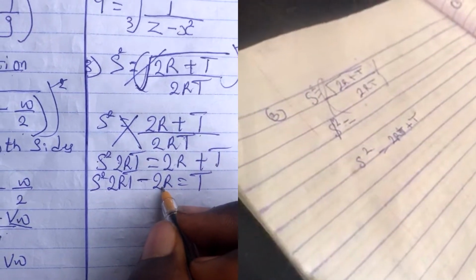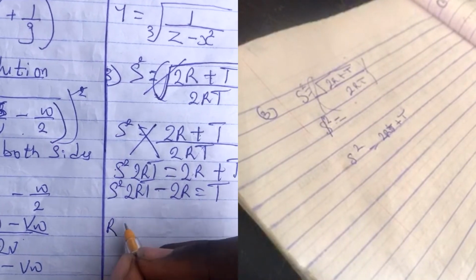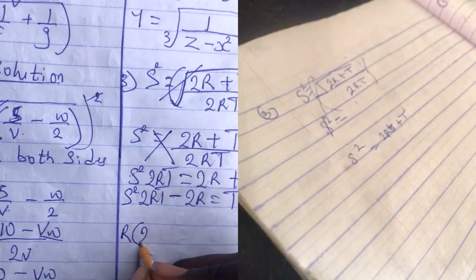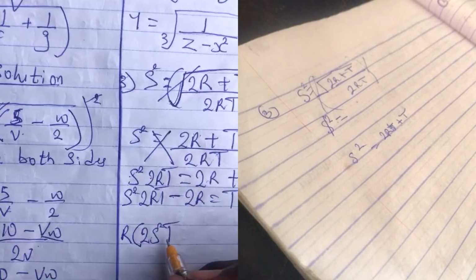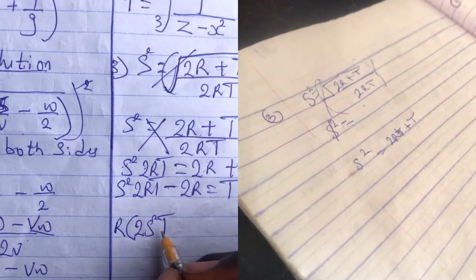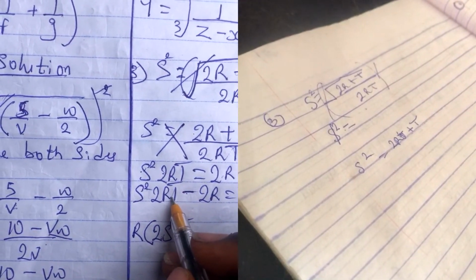Remember, our aim is r, right? So you have to single out the r. Once you do that, then you now have bracket 2s squared t. You understand how I got this, right? Or should I break this down? Do you want me to break this down?